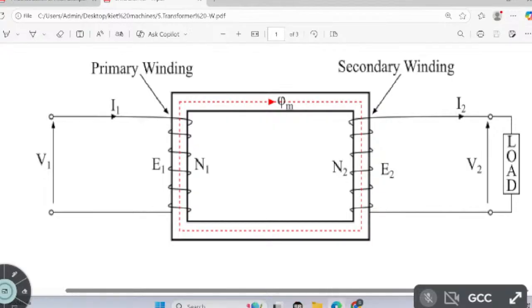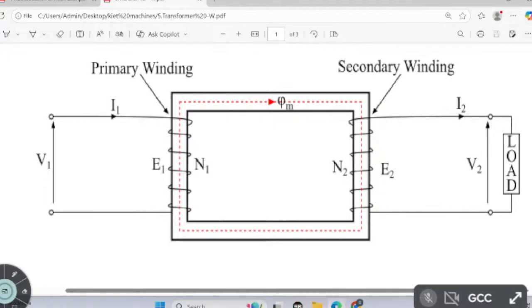Only two parts. One is the core, that is cast iron, and we are winding around this cast iron.